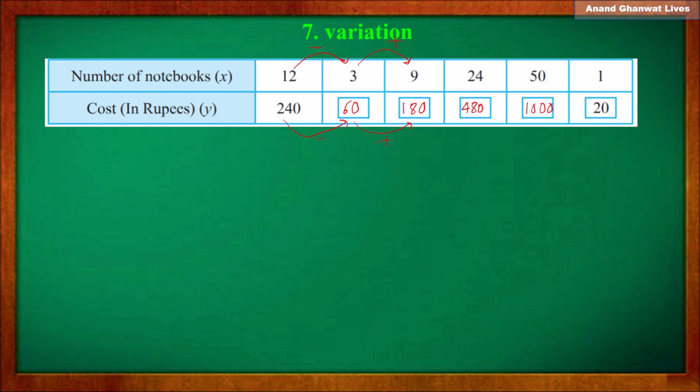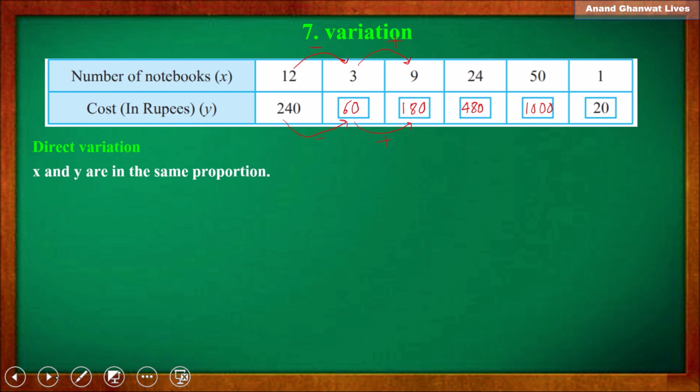So the relationship here is, as quantity x increases, quantity y also increases, and as quantity x decreases, quantity y also decreases. This type of variation is called direct variation. In this variation, there is a type of proportion in the given values.